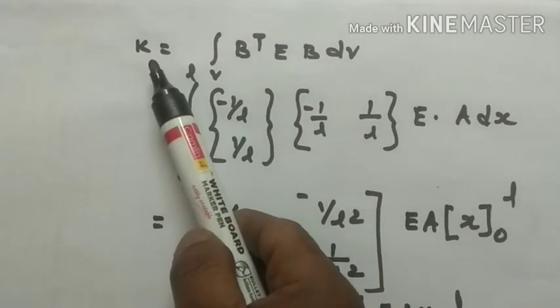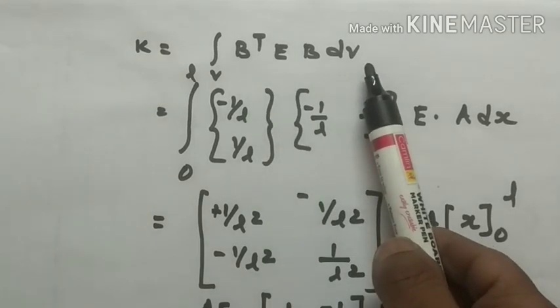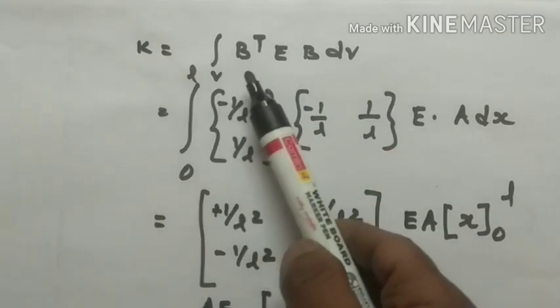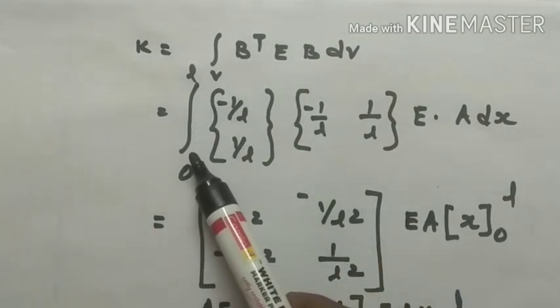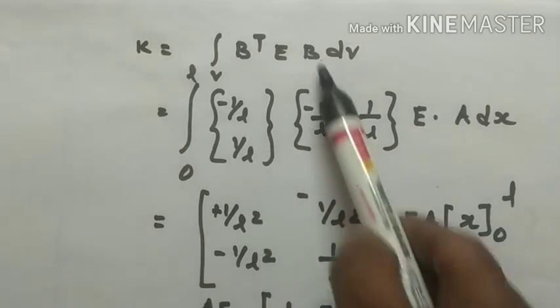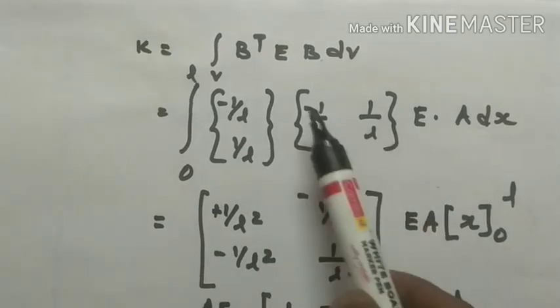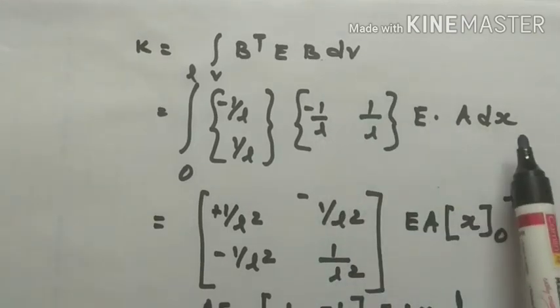So we have the expression K is equal to integral V B transpose E B dV, and substituting the values for the B matrix, we have integral from 0 to L of [minus 1 by L, 1 by L] transpose into [minus 1 by L, 1 by L], then E into A, where dV is replaced with A into dx.